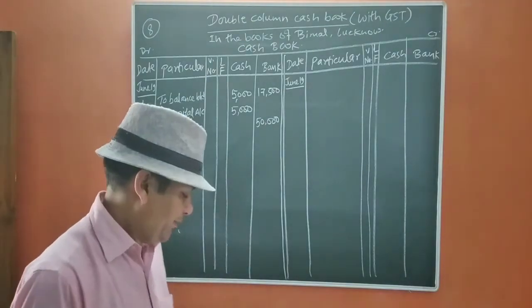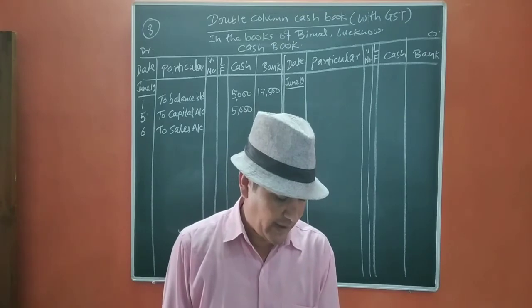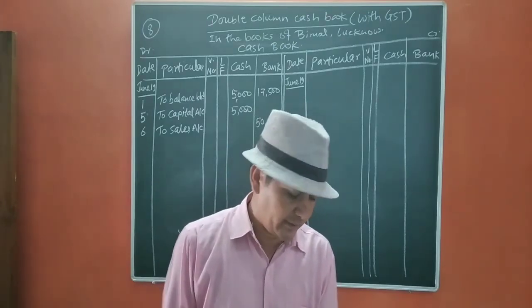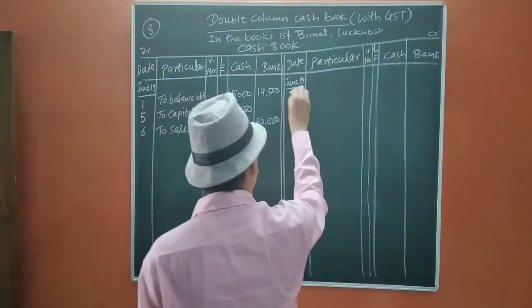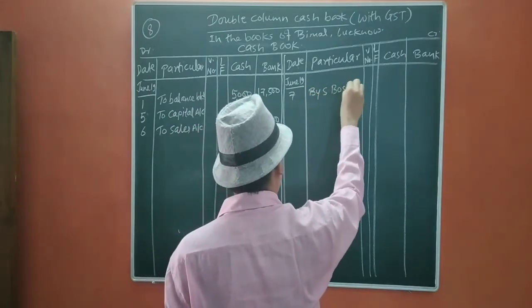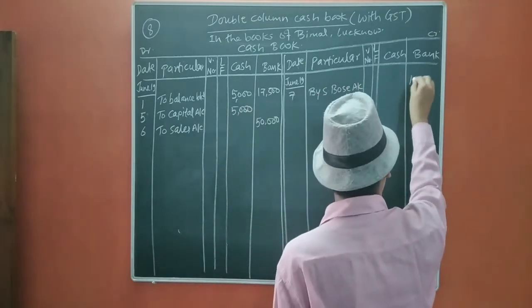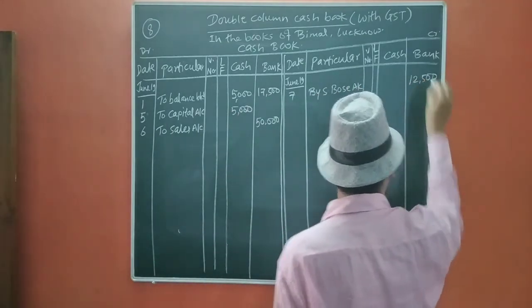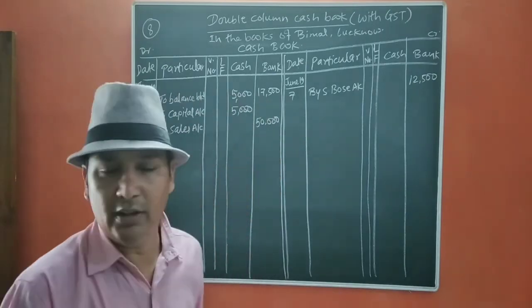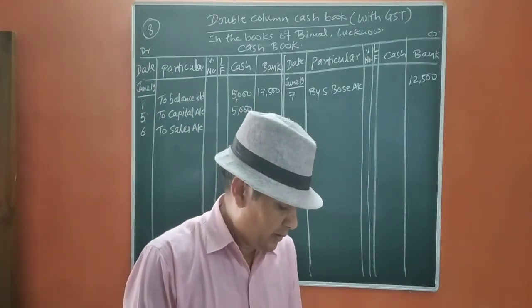The next one is June 7, paid to Asgos by cheque, discount received. So June 7 by Asgos account, the amount is 12,500. Discount we are not going to record in the books.